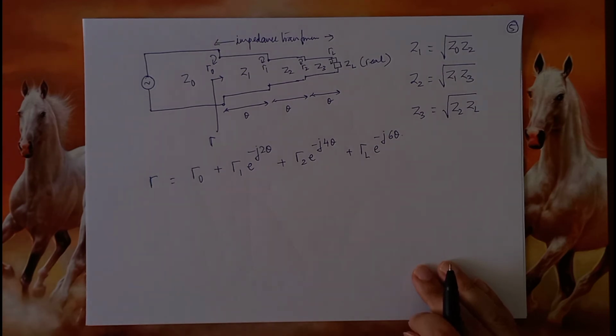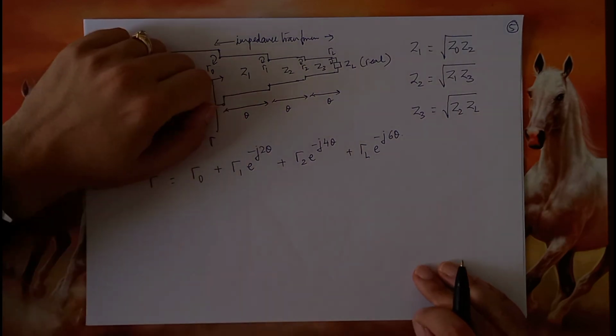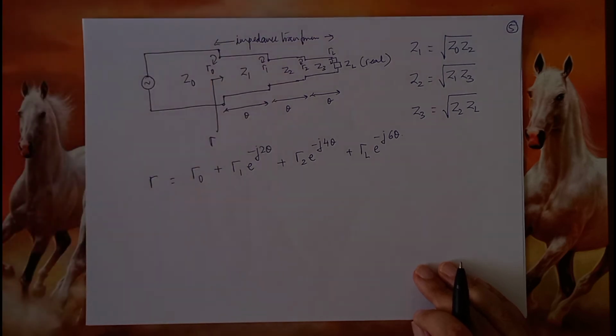This is what it is going to be. Now the question is, what are the minima values of these? What are the points at which we can achieve a minimum in the gamma?